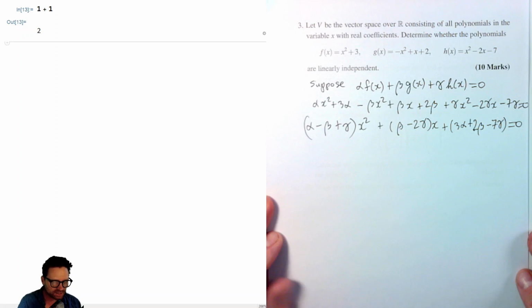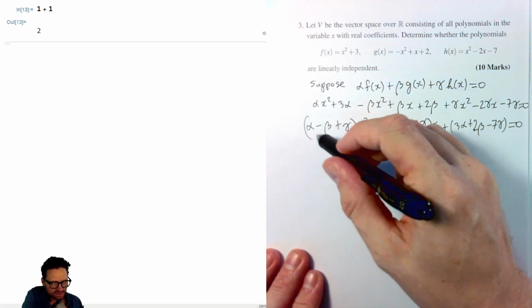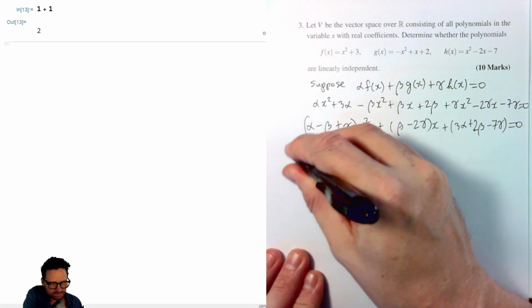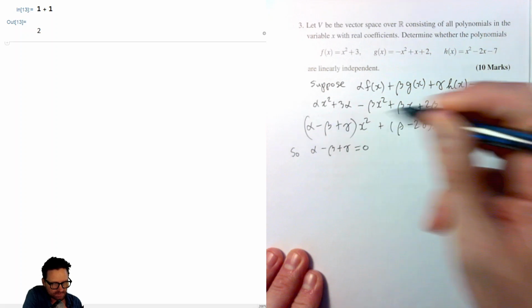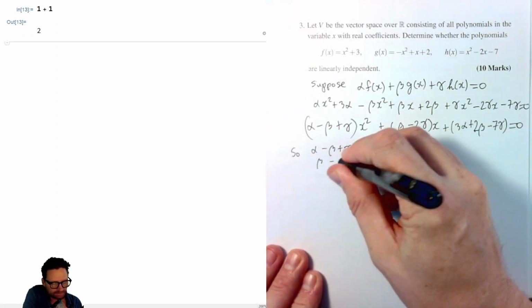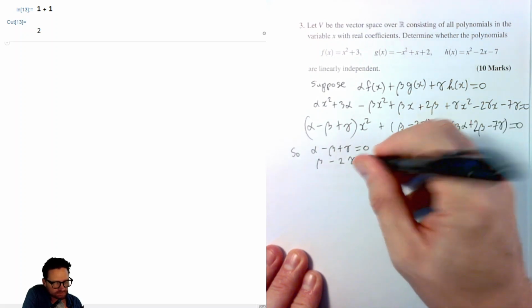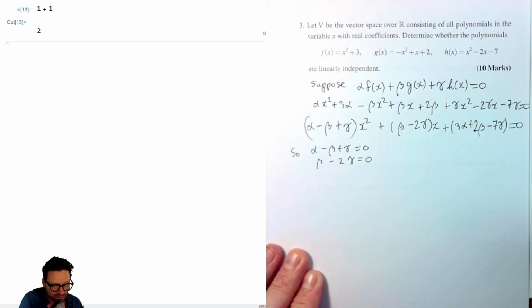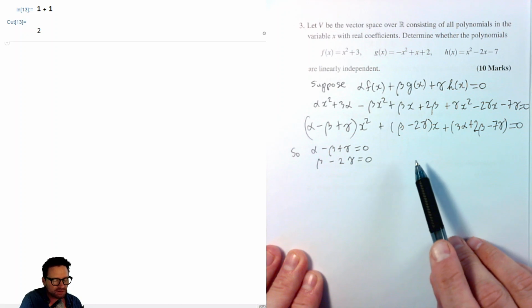All right, so now there is a corresponding system of equations. So this is 0. This is 0. No, hang on.